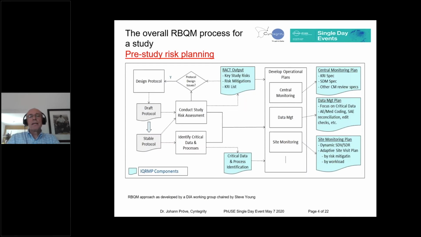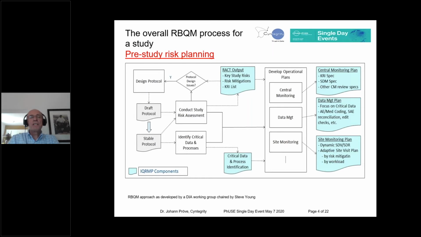Now, this is a graph and a process flow that I hope Steve still recognizes. I have stolen that from a DIA working group that was chaired by Steve Young. And we looked at the overall risk-based quality management process for a study.